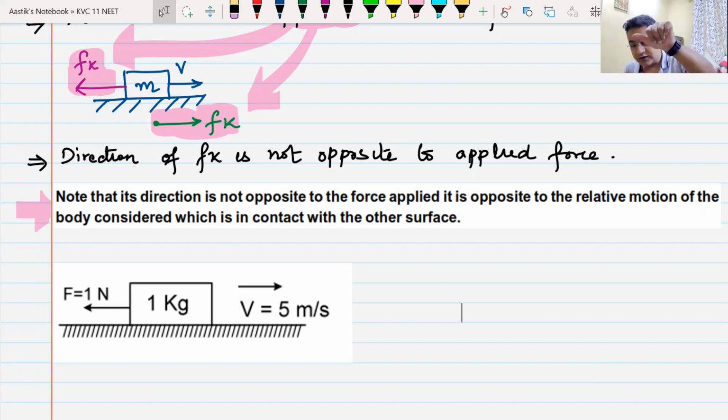Will it be in the forward direction or the backward direction? Remember, the force is in the backward direction, but the body is moving in the forward direction. It has got nothing to do with force. The direction of kinetic friction would be in the backward direction. Do we understand this? Yes or no?